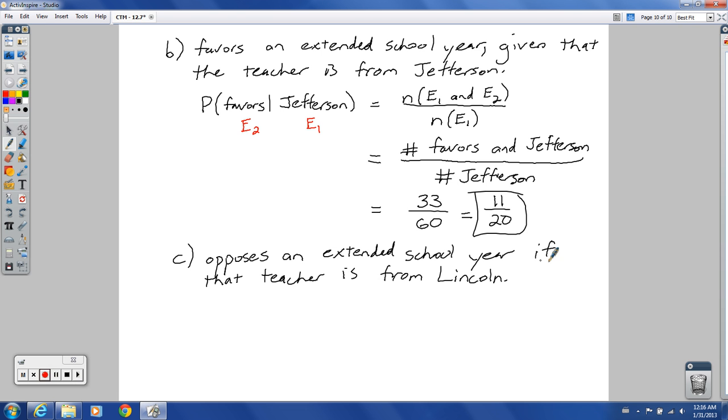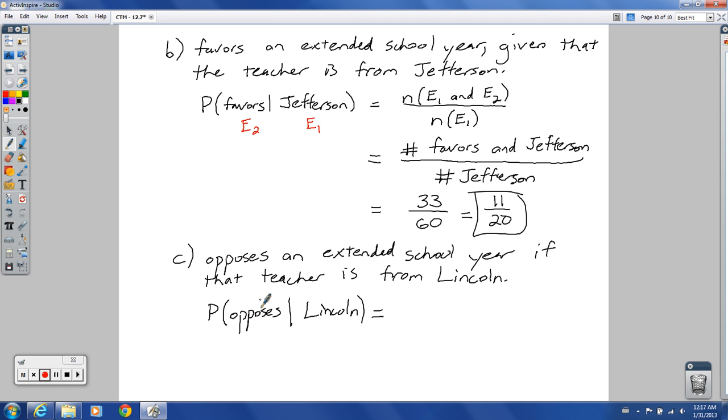Another way to say that, instead of if, you can say given that the teacher is from Lincoln. So what is this going to be? It's the probability that somebody opposes, and then given that they're from Lincoln School. So that's how we would set that one up.